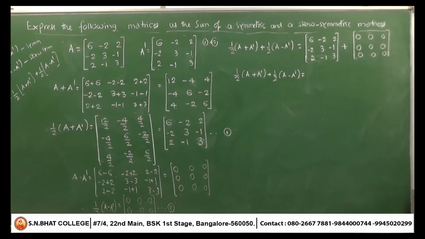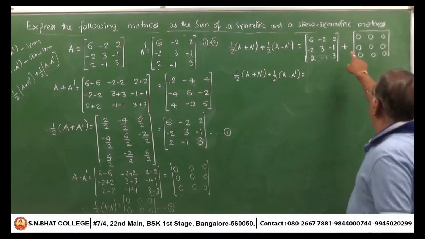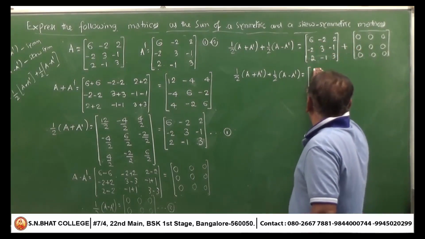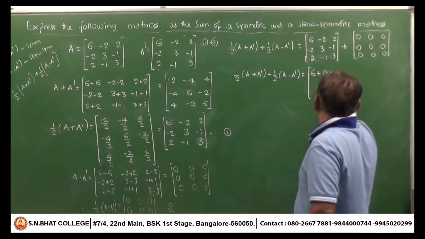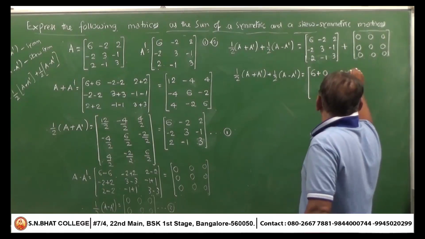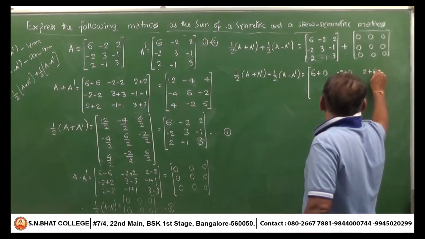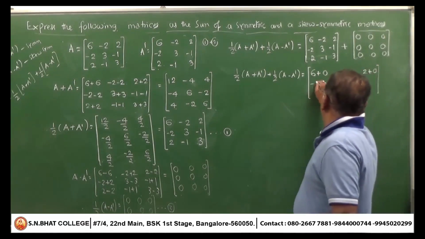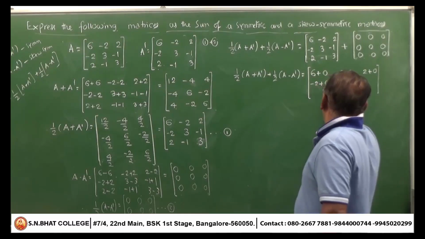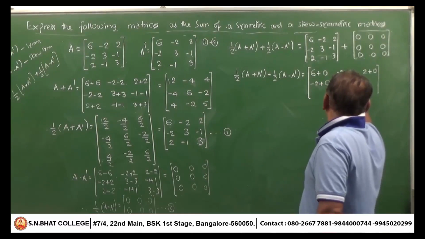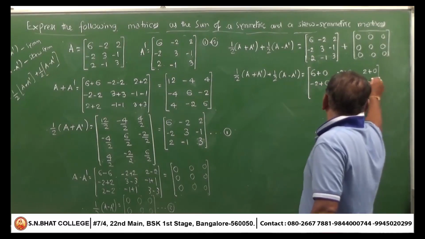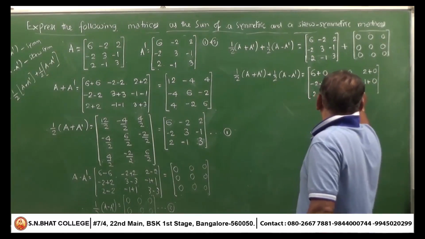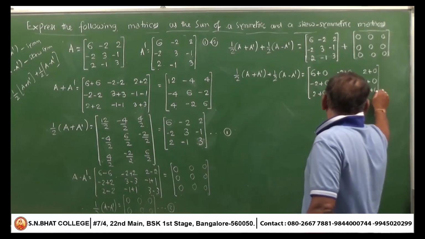Now right hand side you have to add the corresponding elements. This is nothing but 6 plus 0, minus 2 plus 0, 2 plus 0. Add the corresponding elements of the two matrices. Minus 2 plus 0, 3 plus 0, minus 1 plus 0, 2 plus 0, minus 1 plus 0, 3 plus 0.